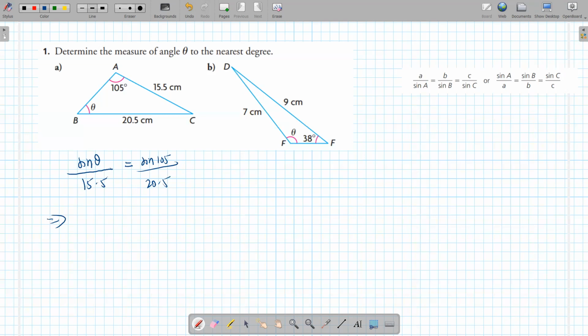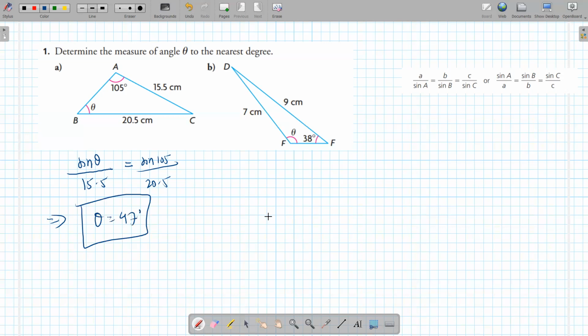You multiply by 15.5. That's correct. So you have sine 105 divided by 20.5 times 15.5, and then you just do sine inverse, and you have it. So that's going to be 46, or let's say 47 degrees to the nearest whole number, and you're done.